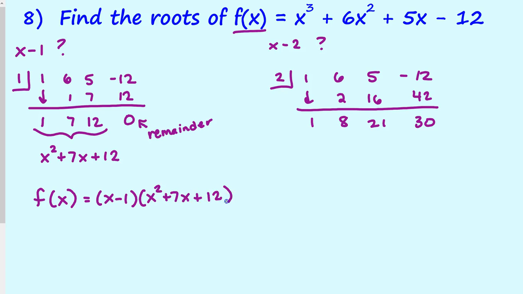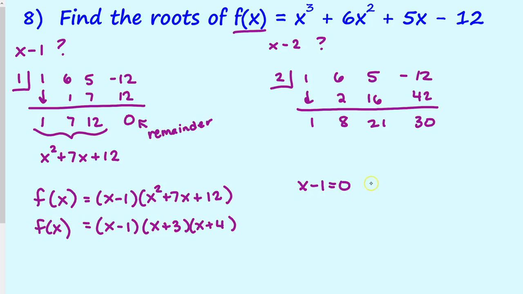And it just so happens that we can easily factor the quadratic part into x plus 3 times x plus 4. And if we want to find the roots, we're going to set each of these equal to 0, because roots are zeros and they are numbers that make the y-coordinate 0. We get x equals 1, we get x equals -3, and we get x equals -4.